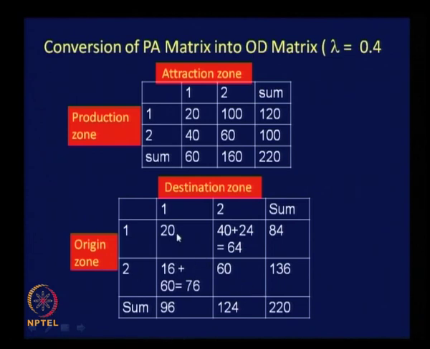Interestingly, you can see the diagonal cell values are unchanged because they represent intrazonal movements and they will remain unchanged, clear. So, you can apply the same principle to convert any size of PA matrix into OD matrix.